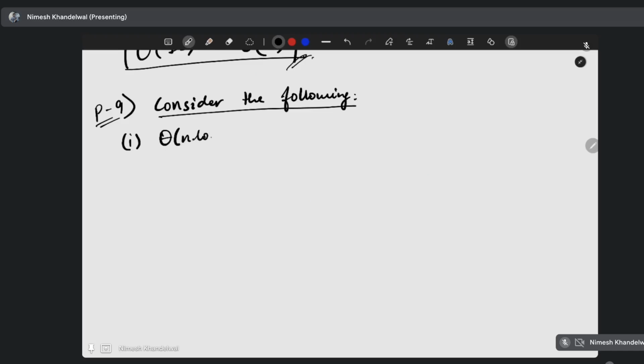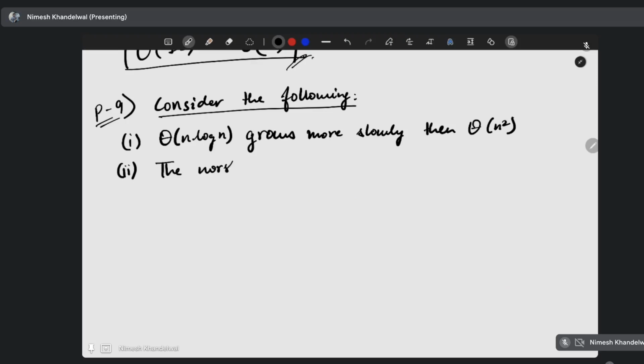We have that theta n log n grows more slowly than theta n squared, and second, the worst case time complexity for merge sort is O of log n.